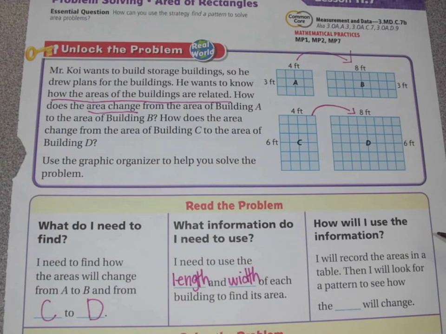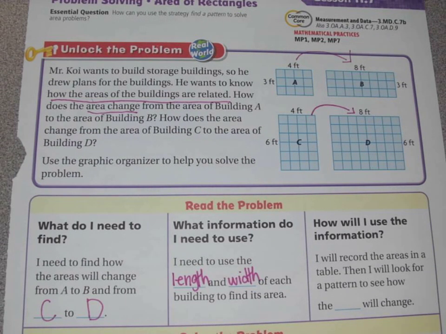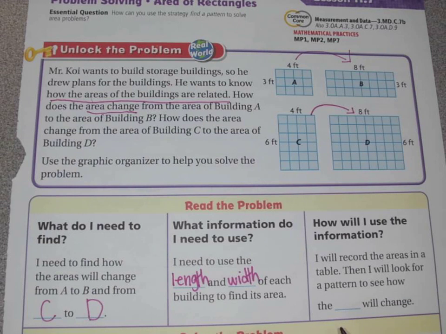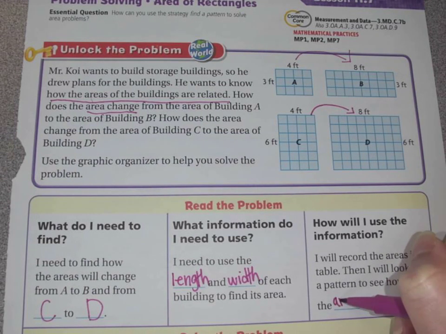And then how will we use this information? Well, we're going to look at these storage buildings, look at the length and width, and we're going to record. That means we're going to write the areas in a table. And after we write everything in a table, boys and girls, we will be able to go back and look for a pattern to see how the areas will change, because that's what we're focused on.